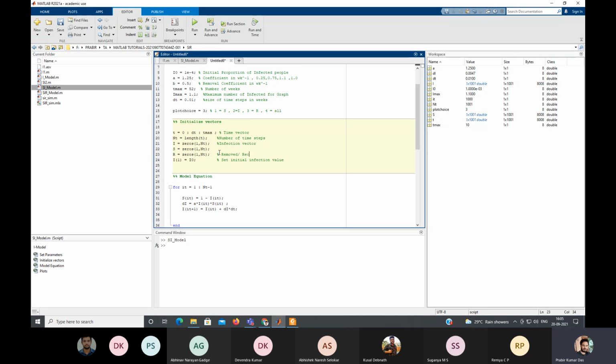Why will we call it removed? Because we consider that once a person gets immunity, he will never be infected in future. So that is why we just remove that person from our system.